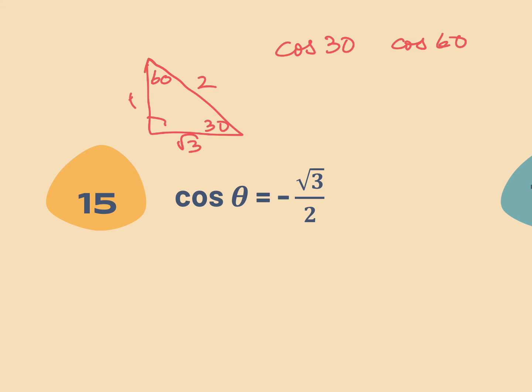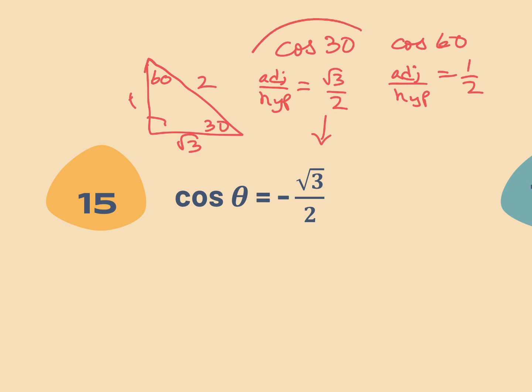So in relation to the 30, I know cosine is adjacent over hypotenuse. So my adjacent to 30 is root 3. And my hypotenuse is 2. Well, right away I can see it's that one. If I did cosine adjacent over hypotenuse in relation to the 60, it's 1 over 2.